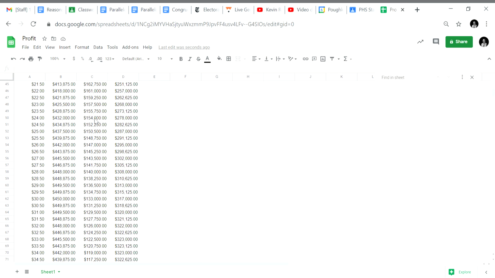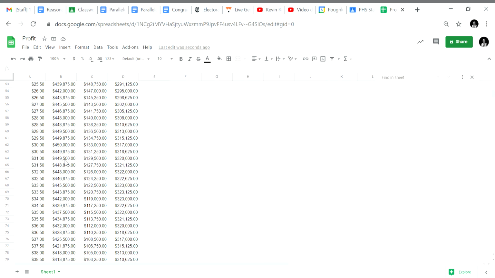If you look at revenue, you can see maximum revenue, that was the first equation. At $31, you'll have your maximum revenue of $449,500.